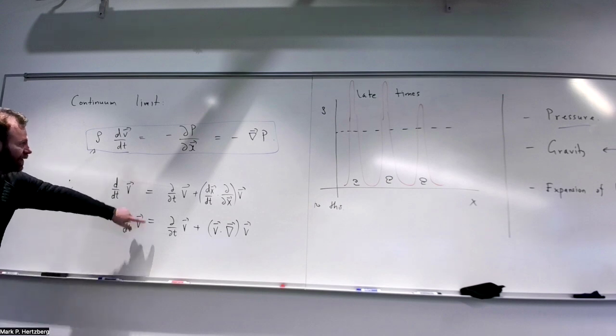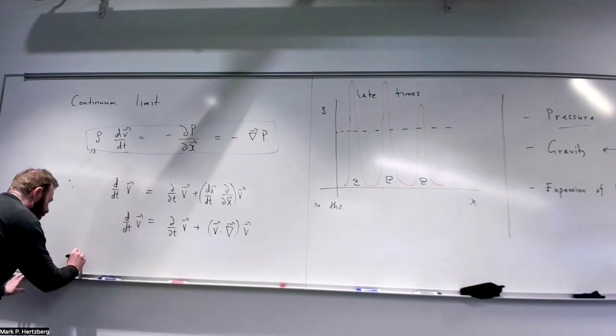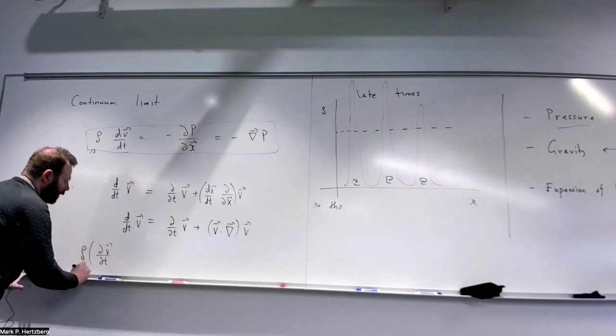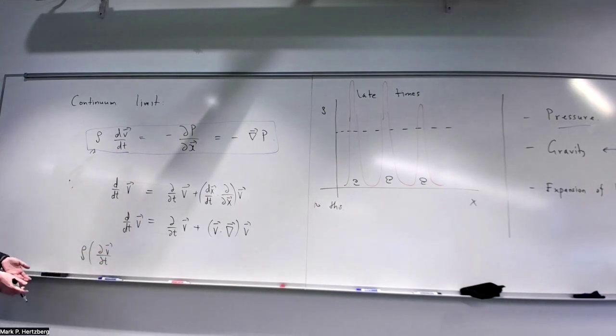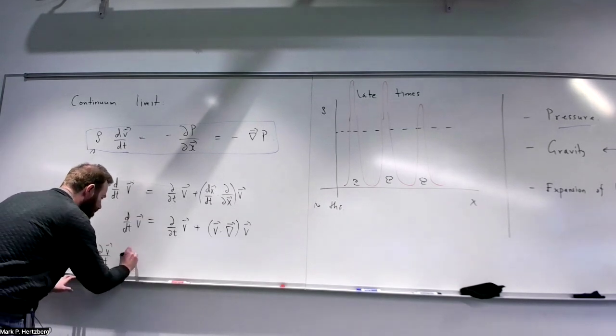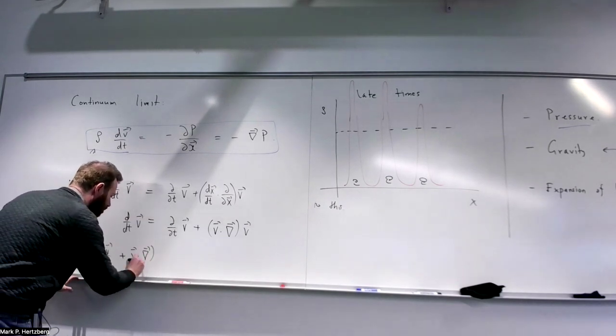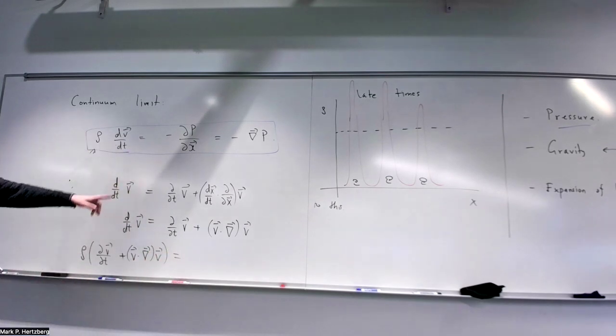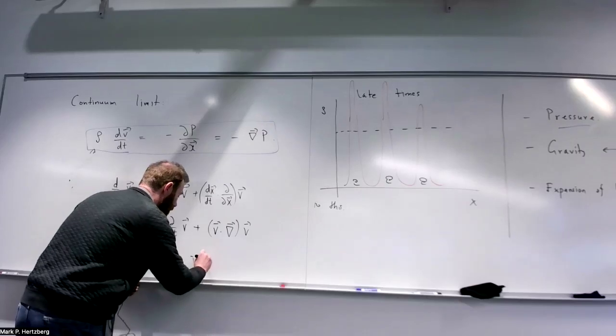Okay, so with this version, I'll plug it in here. And so now we have rho, the partial derivative with respect to time, but then this funny correction, v dot grad. And then it just acts. In this case, we only have a pressure force acting.